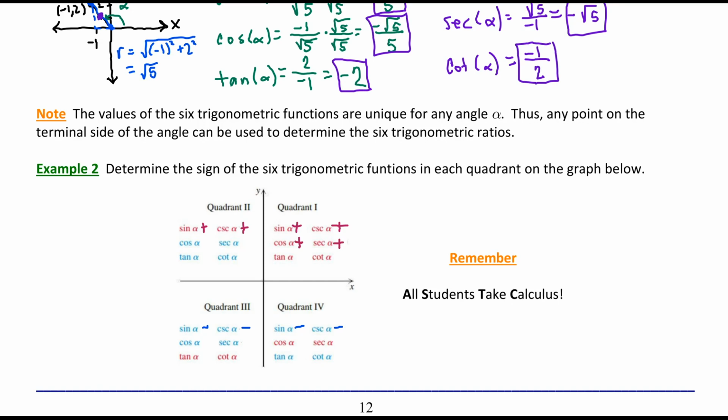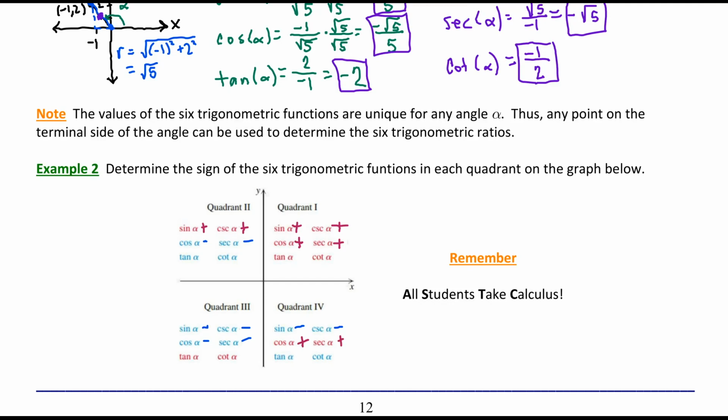Now, as we move over into quadrant 2, the sign of x becomes negative. Therefore, both cosine and secant are negative. Moving into quadrant 3, x for any point in quadrant 3 is negative, so cosine and secant are also negative. Back in quadrant 4, x is positive for any point in quadrant 4, so cosine and secant become positive.